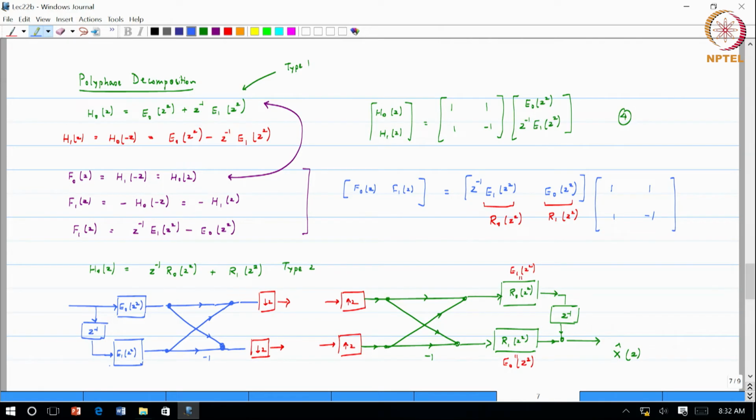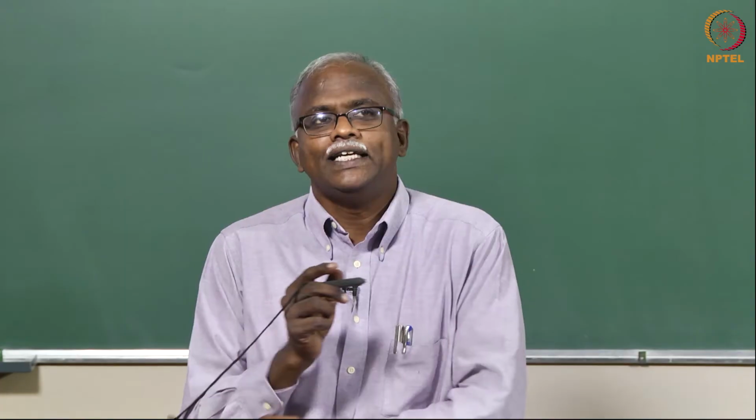Okay. So, you look at both of them and you say that, well, what did I get at the output is something very interesting. Upper branch and the lower branch give me the same thing, and of course, there is the demultiplexing and the multiplexing. Now, well, that still puts you in a multi-rate environment.